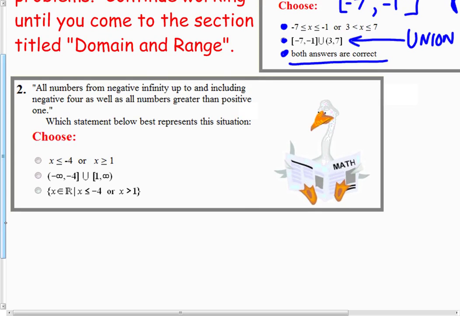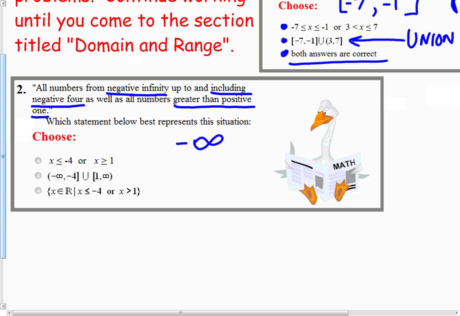You might have to read through a couple things. All numbers from negative infinity up to and including -4, as well as numbers greater than +1. What does negative infinity look like?